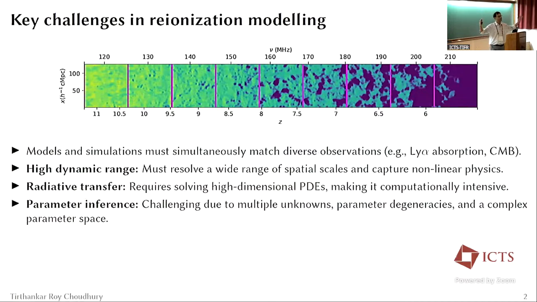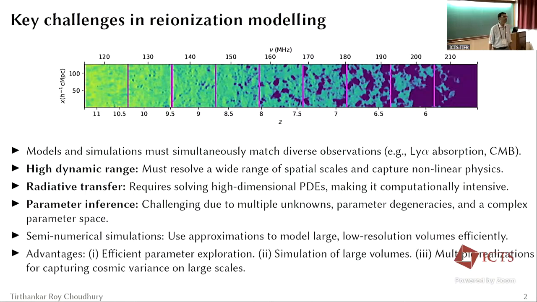You need a very large simulation volume, and at the same time you may need to resolve very small spatial scales, very small mass scales, so that you know where the first galaxies were being formed. You need to solve for radiative transfer, which is a very complex equation to solve. And then at the end, you realize that there is so much unknown in the high redshift universe. You probably need to run these simulations many times, varying your assumptions and your model parameters. So this parameter inference leads to the need for computationally efficient models.